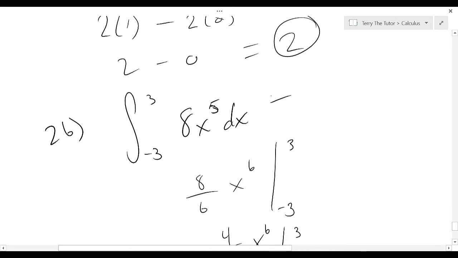So this is an odd function. And if you ever notice that you have an odd function on the interval from, let's call this a, to negative a, then it's going to equal 0 every time.